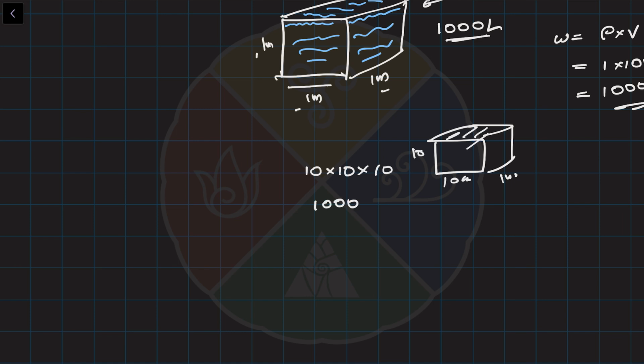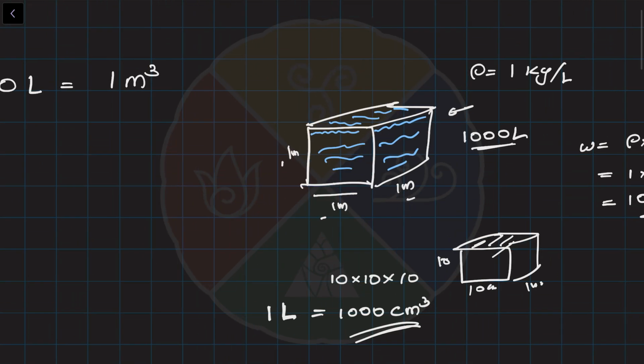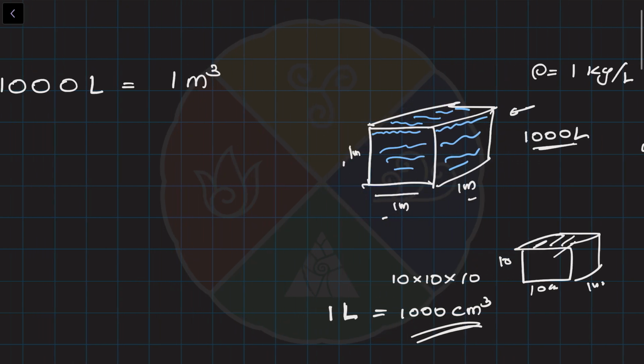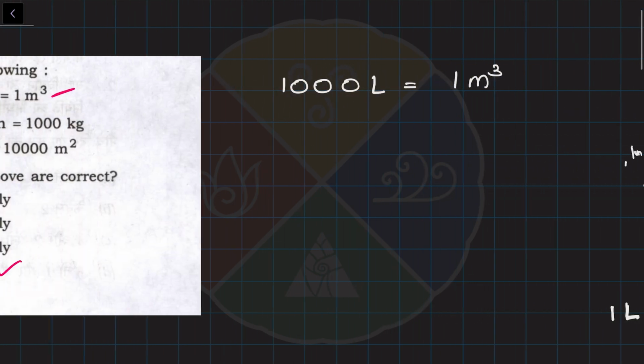This gives you 1000 centimeter cube, which is actually equal to 1 liter. You have to imagine how big this size is.